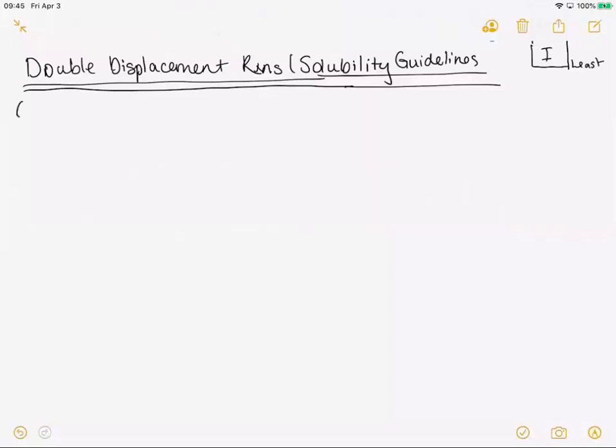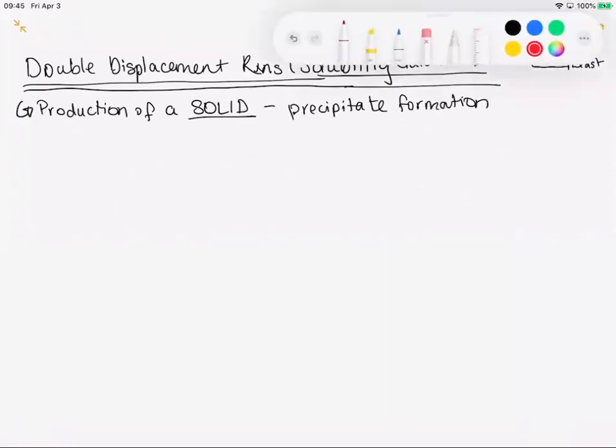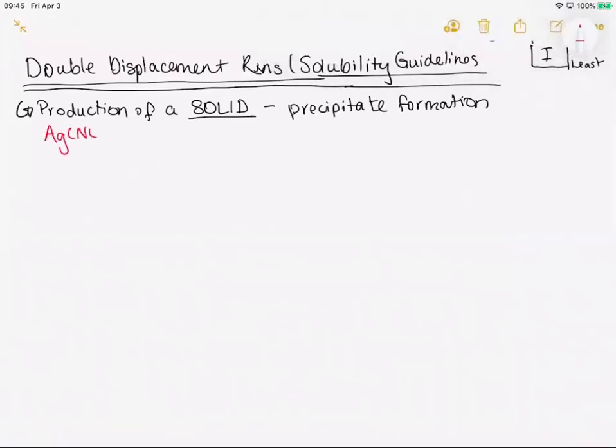So the first one I'm going to look at is the production of a solid. We call this solid a precipitate, so precipitate formation. Let's do an example of a reaction that proceeds. I have silver nitrate reacting with sodium chloride.